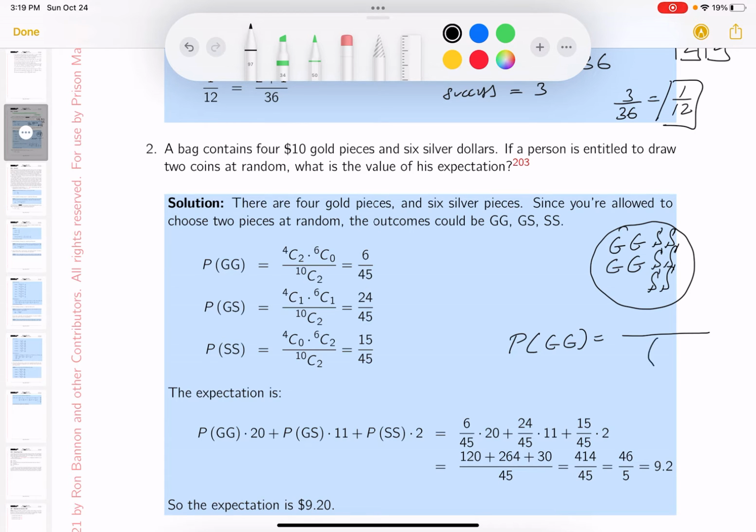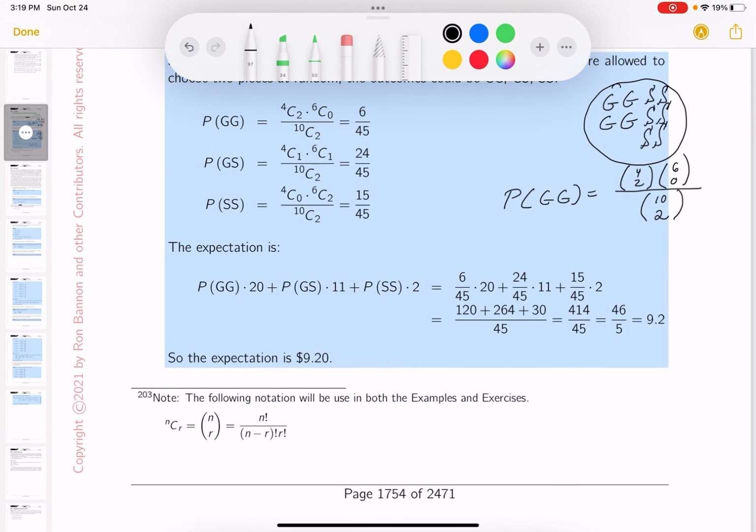It's combinatorial. How many in the bag? There's 10, and you pick 2. Now, from the gold pieces, how many gold pieces are there? There's 4, and you're picking 2. And how about from the silver? Well, there's 6, but you're picking 0. I'll compute that later. And again, we'll get back to the expectation later.